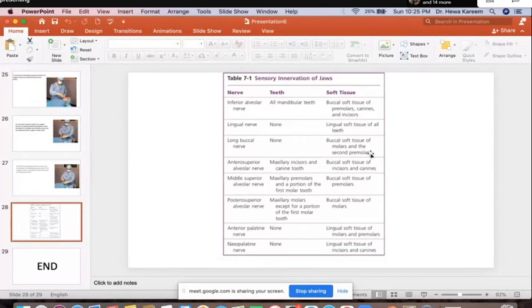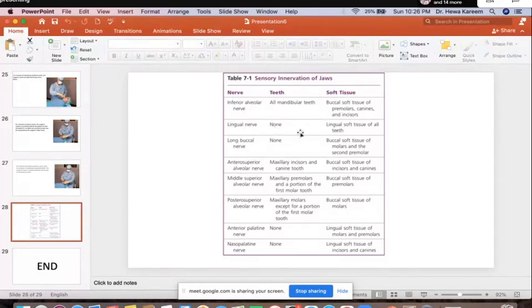These are direct questions. A direct question could be the sensory innervation of all mandibular teeth, or the maxillary incisor and canine, by which nerve. I ask you to give me the name of the nerve giving innervation for all mandibular teeth, you write inferior alveolar nerve.